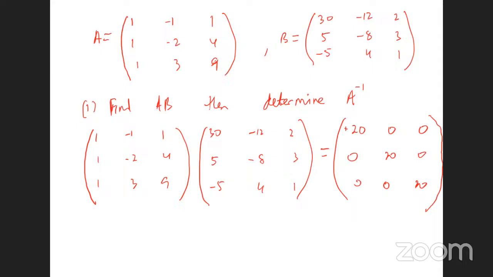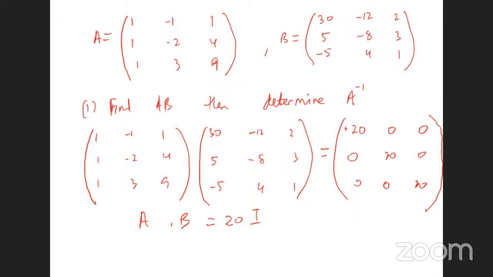All right. Kyle, are you ready now? Gabriel, you ready? All right. So watch this here. Here's how we end up with the inverse. When you multiply A by B, you might recognize that you're getting 20I.